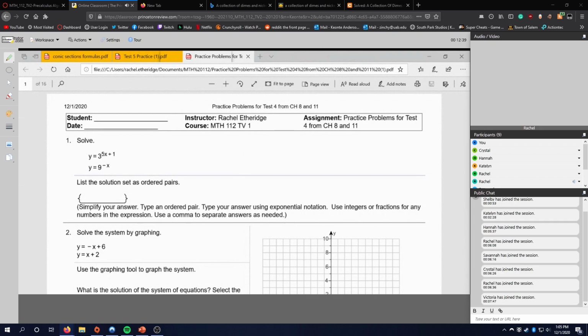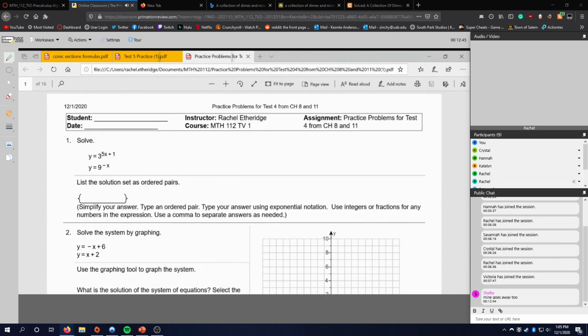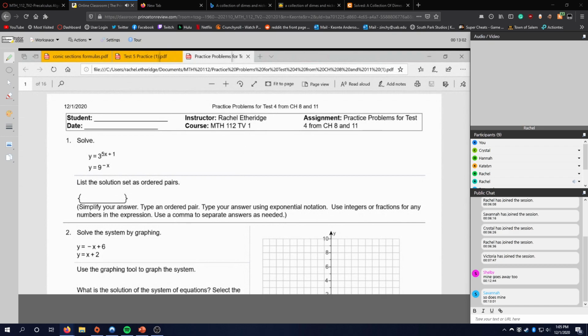At the bottom of your screen, or on the side, it should show you what tabs are open. All right, so what we're going to do after class is I'm going to go in through my student account, and I'm going to try to go through the process with you the best I can.